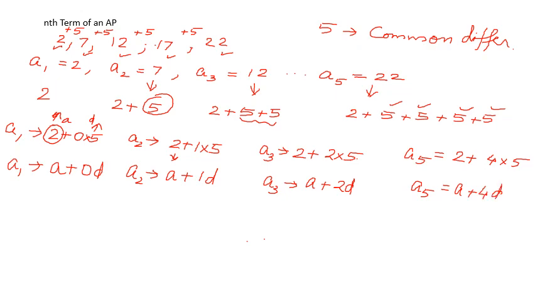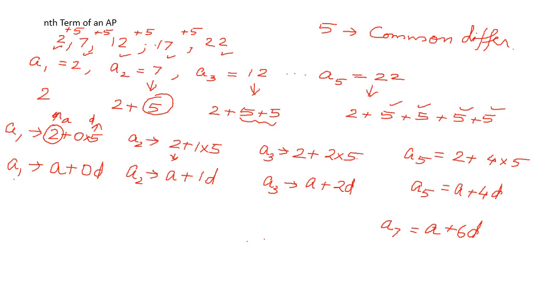A plus 4D. Now, Advait, can you tell me what will be A7? A plus 6D. A plus 6D. Don't say all those nth term minus 1 and all, others will not understand who are listening to the first time.